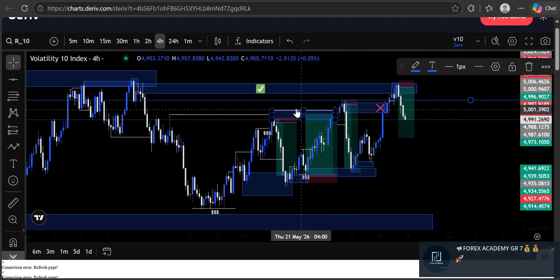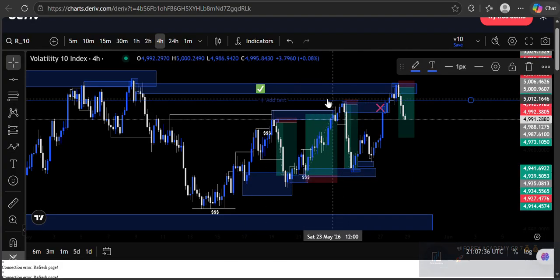Price did exactly that. It tapped into this particular zone and then sold.